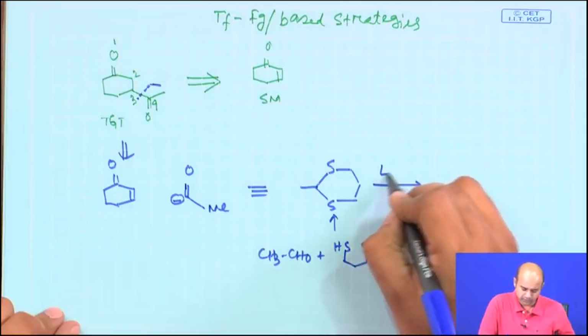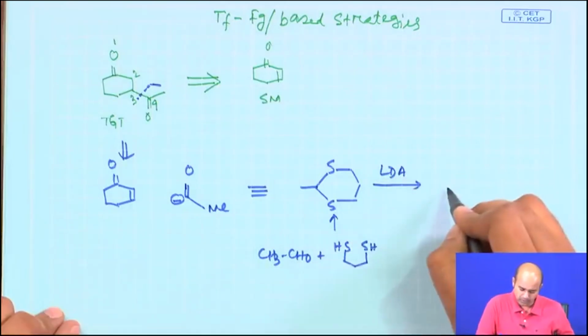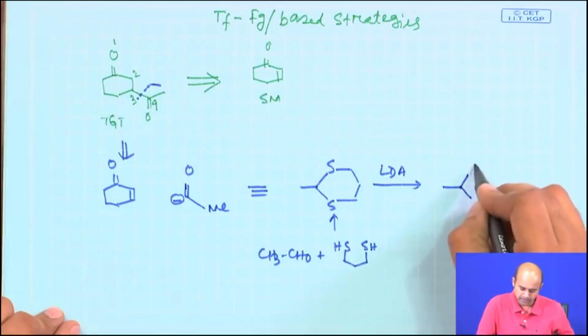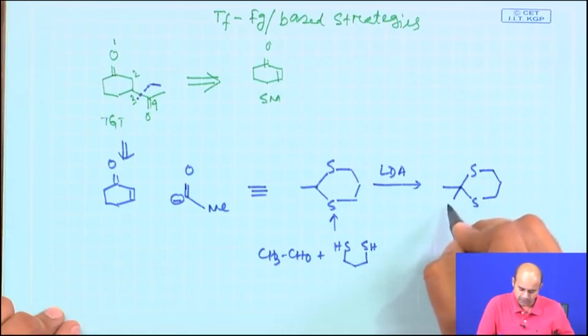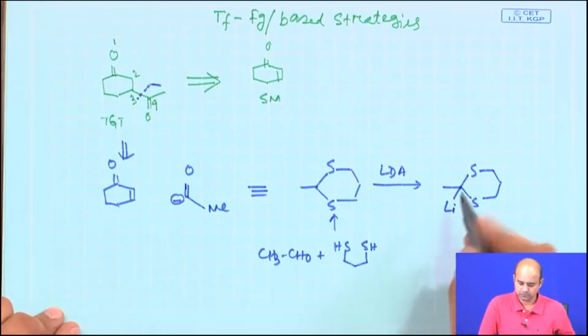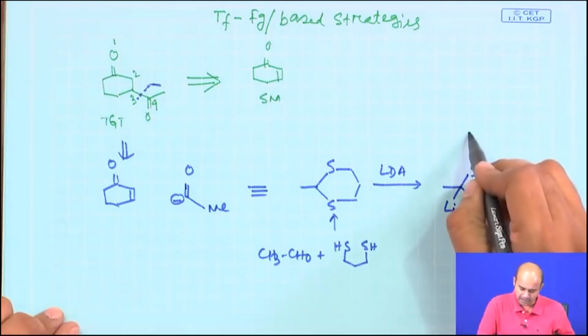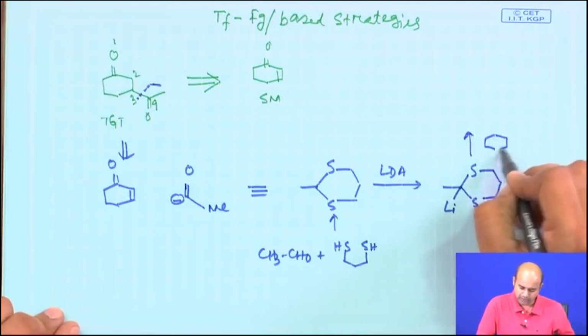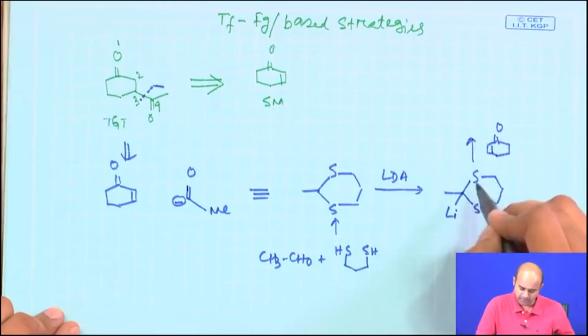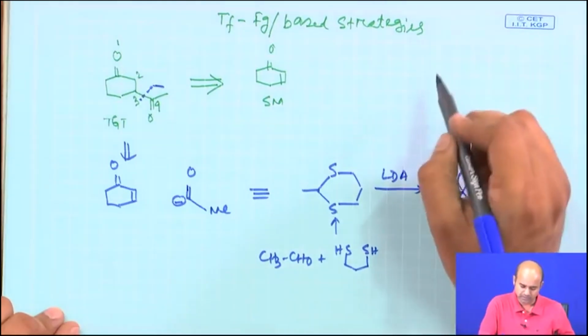Then you treat with LDA. So, what will LDA do? It will replace the other acidic hydrogen with a lithium. So, this lithium species is now active, acting as a nucleophile and reacts with cyclohexenone, the starting material, in a 1,4 fashion.